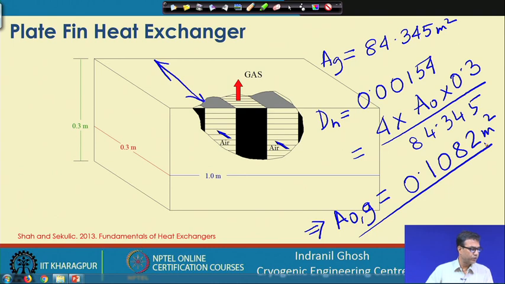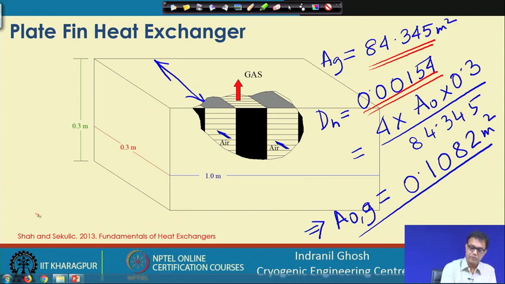Now, if we look into the similar heat transfer area for the air side, what we need to find out is basically in the similar relation. Only thing is that this parameter will change, the hydraulic diameter being the same type of fin used, we have the similar dimension for the hydraulic diameter.